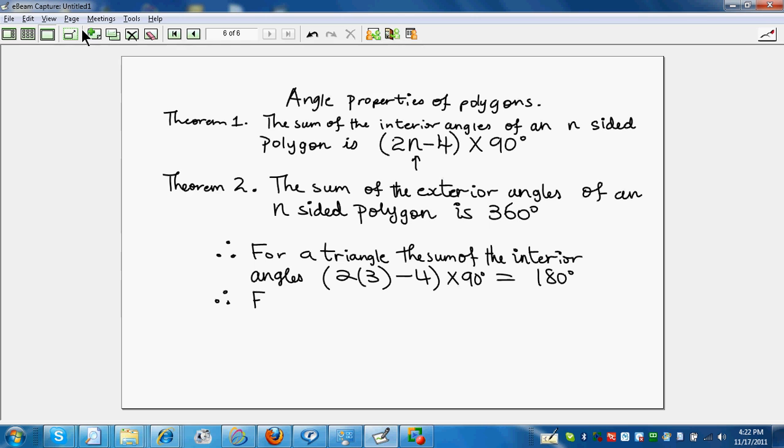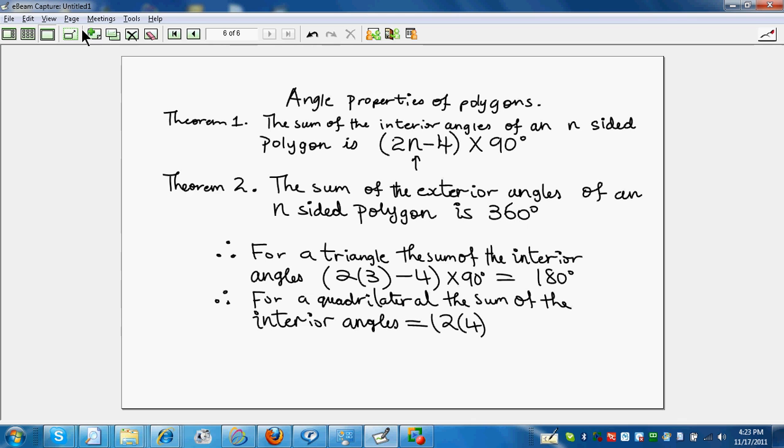So for a quadrilateral, which means n equal to 4, the sum of the interior angles will be equal to 2 times 4 minus 4 by 90.